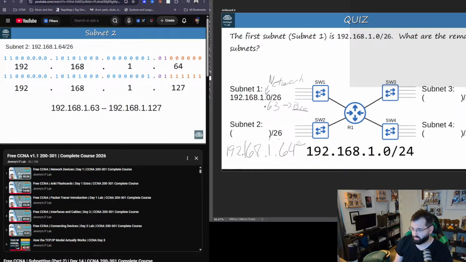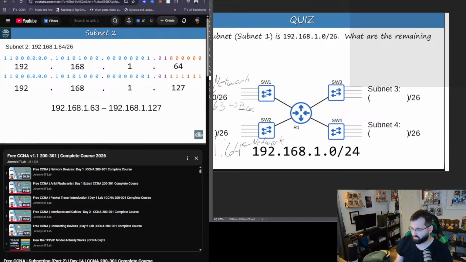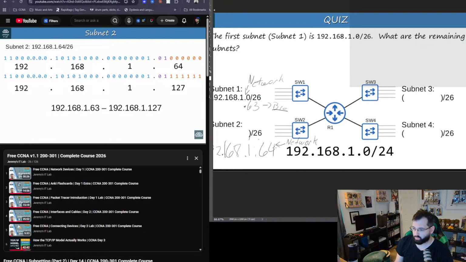This is our network, which means that we need to add 63 to it. The reason we're adding 63 and not 64 is because we're starting on 64. Adding 64 would get us to the start of the next one, if that makes any sense.